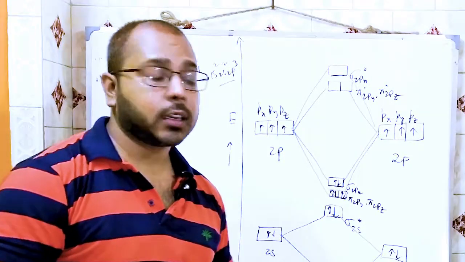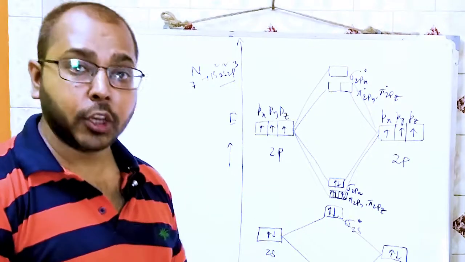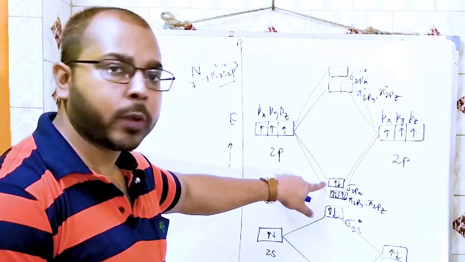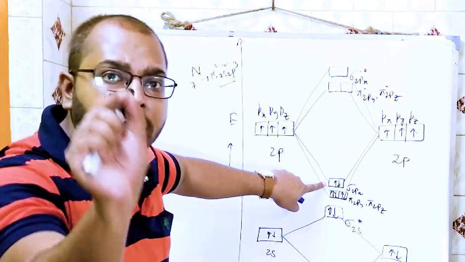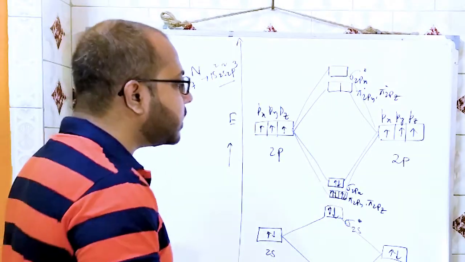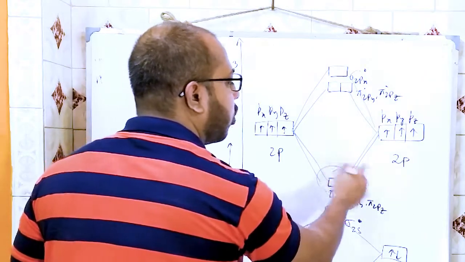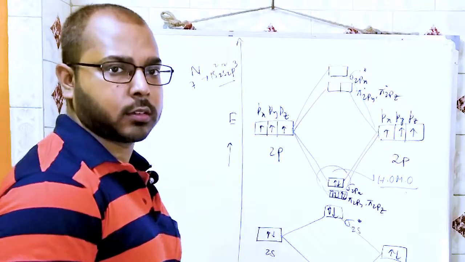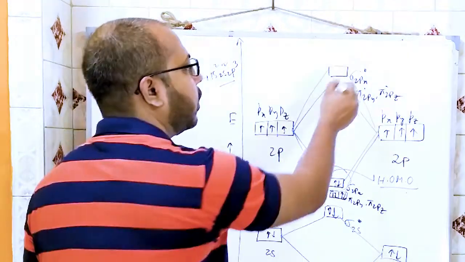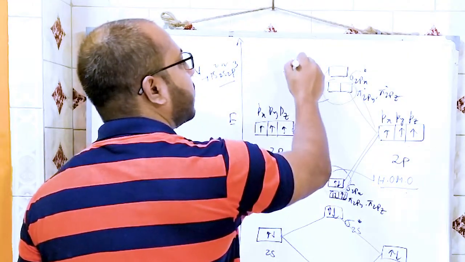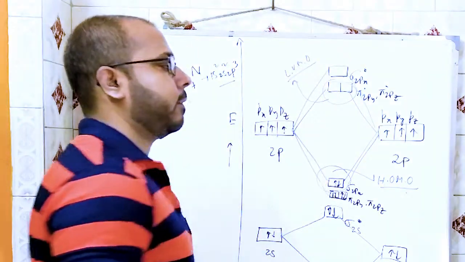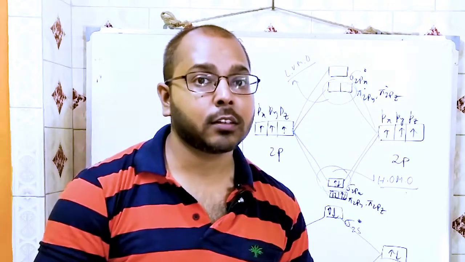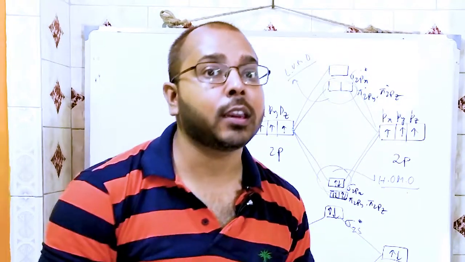So what is the HOMO of N2 here? This is the HOMO. Occupied, occupied, occupied, occupied, but this is having higher energy. So this is the HOMO part here, and this is the LUMO part. So I hope you can tell me what is the nature of N2, paramagnetic or diamagnetic?